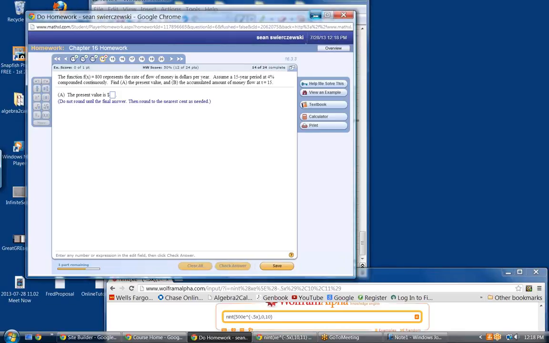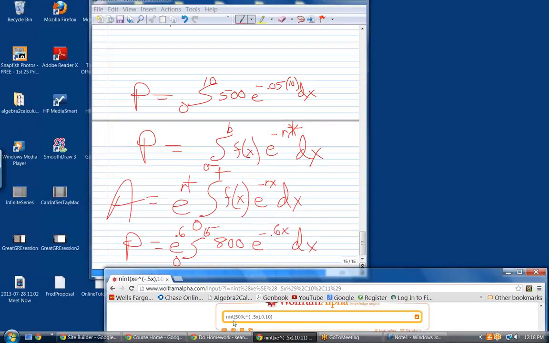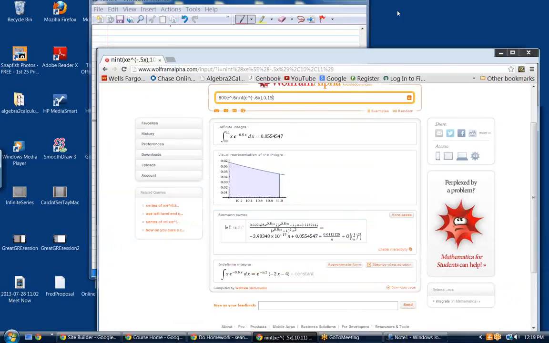So we've got what goes in front of the integral here. 800 e raised to the 0.6 power times the integral, and I'll remove the 500, and I've got 0.6 instead of 0.5, and we're going from 0 to 15. Okay, I believe that should do it.